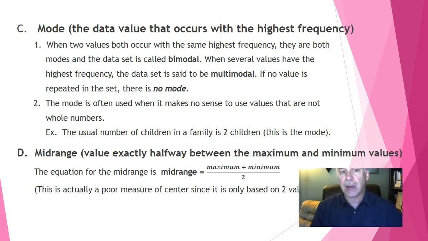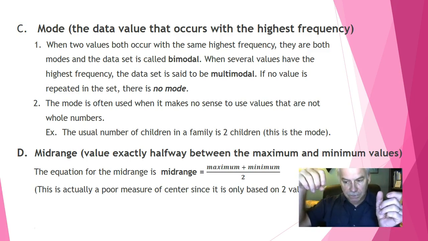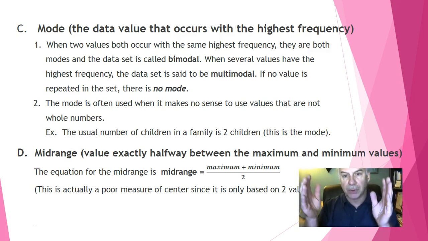Now, if two values both occur with the same high frequency, so let's say two different numbers both occur 10 times and no other numbers occur more often than that, then we say it's bimodal. Both of those numbers are modes.